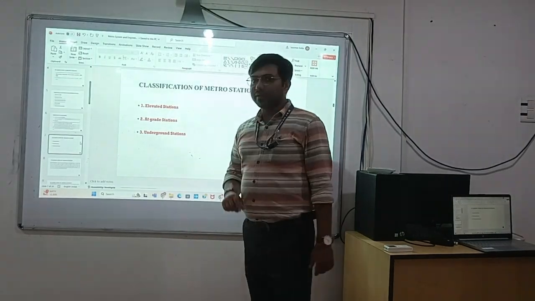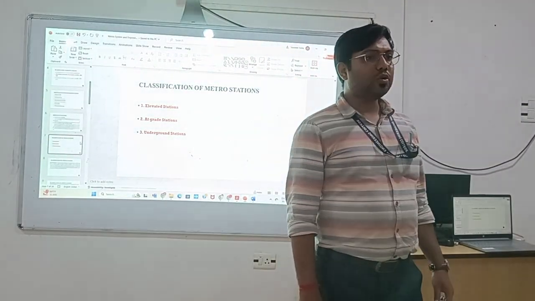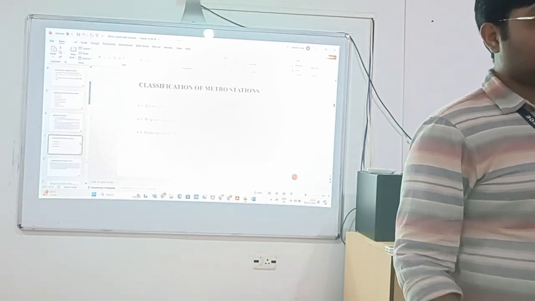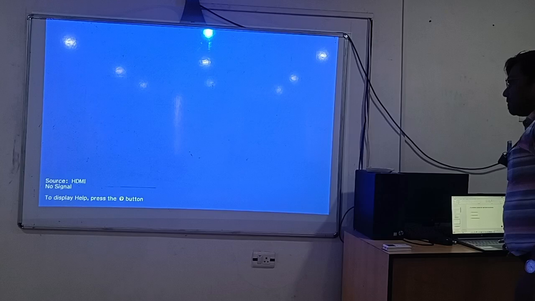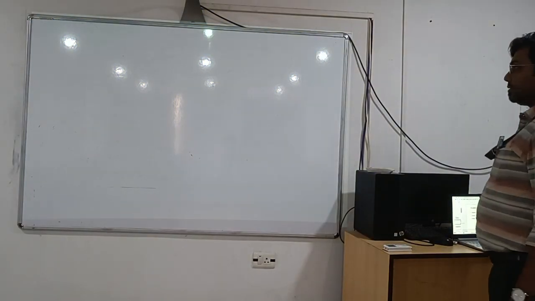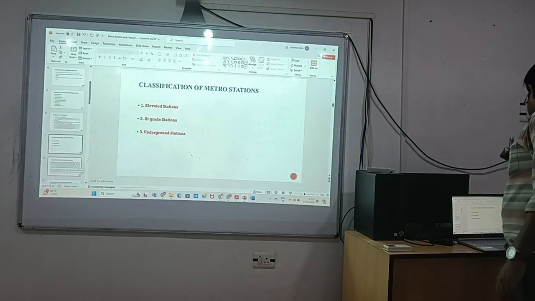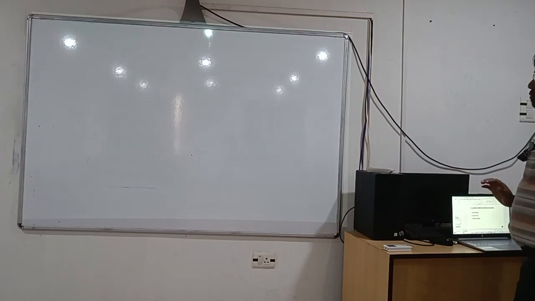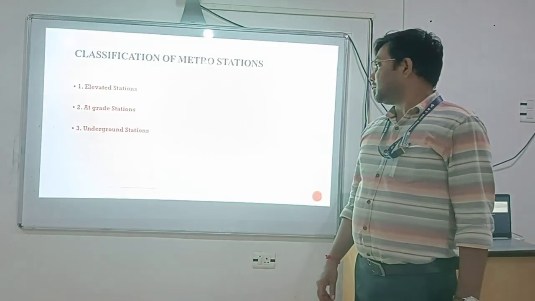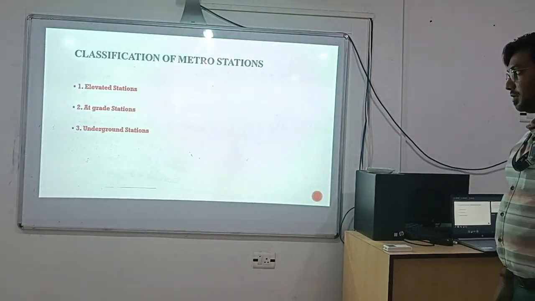So if you want to distinguish between the metro routes and the metro stations, let me zoom. Yes.